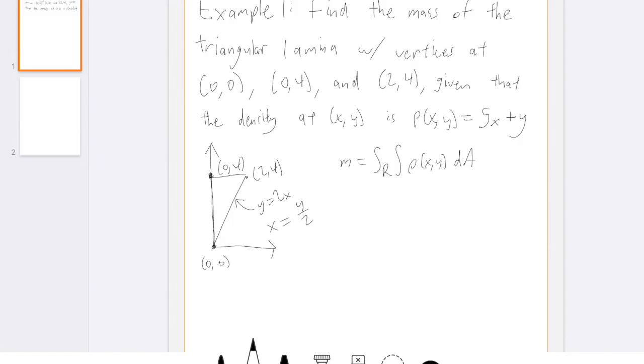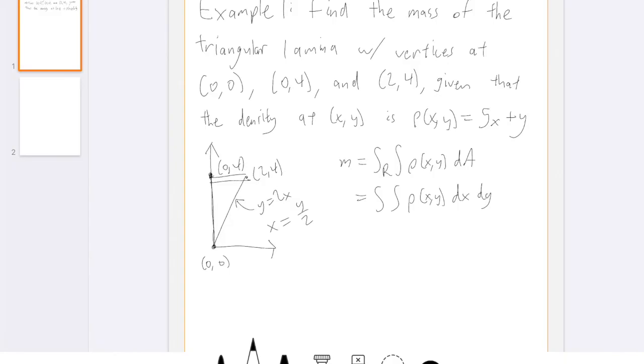And once again, we can go by either rows or columns, but for this example, we're going to show integrating by rows. So first of all, if we're integrating by rows, it needs to be dx dy, so that this inner thing can calculate the row, because we're going across x, across the row. Next, we need to figure out the bounds.